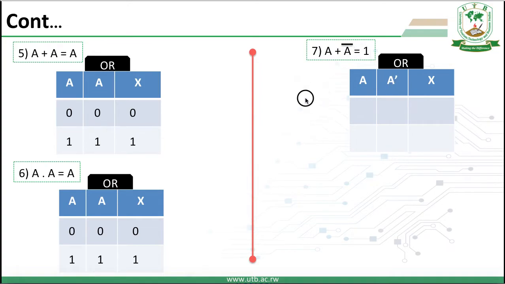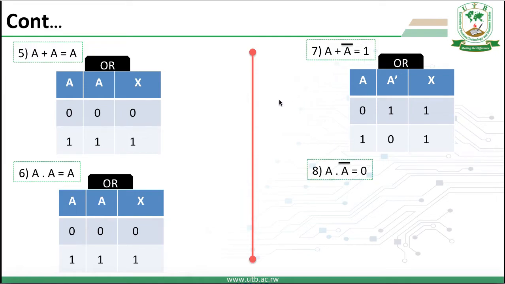If A is 0, then A complement becomes 1, so 0 plus 1 is 1. If A is 1, then the complement becomes 0, so 1 plus 0 is 1. That's why this rule is true. It is always 1, no matter what the input is, because A plus A bar is always true, 1.